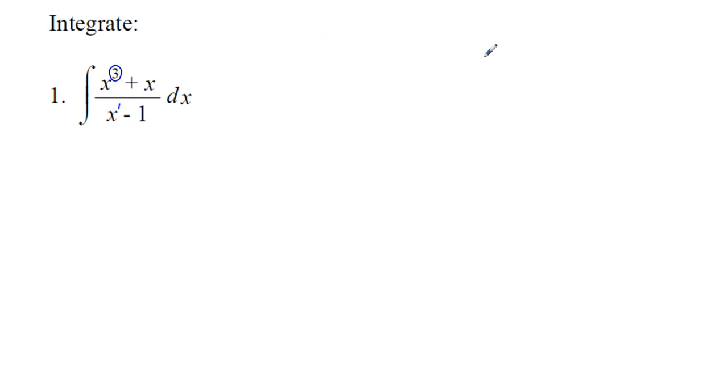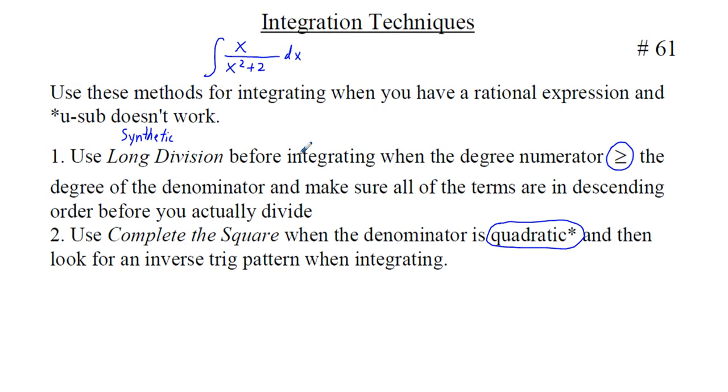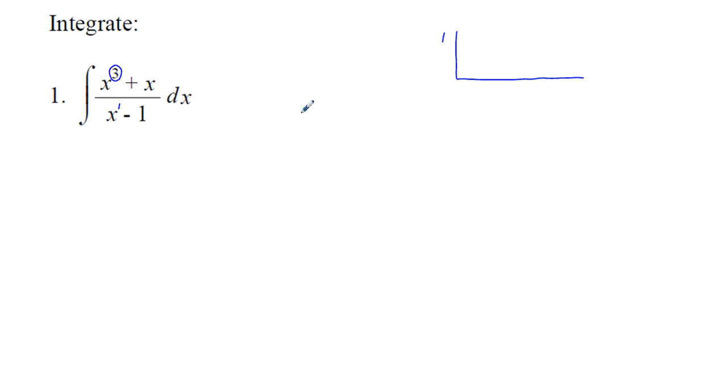So we're going to use not long division, but what most of my students find easier to do, that is synthetic division. We take from the denominator the value of the zero, which is 1, and it says here, make sure all the terms are in descending order. Let's go ahead and do that.